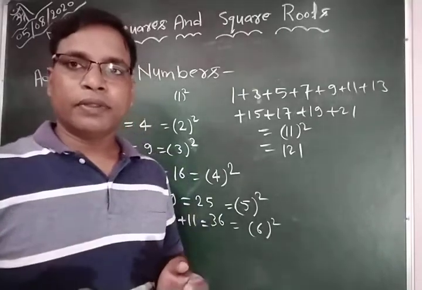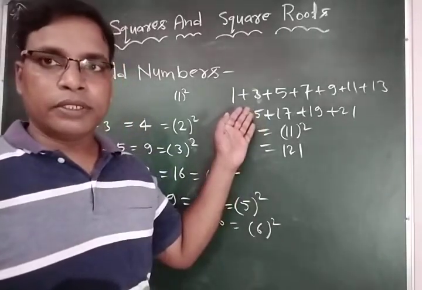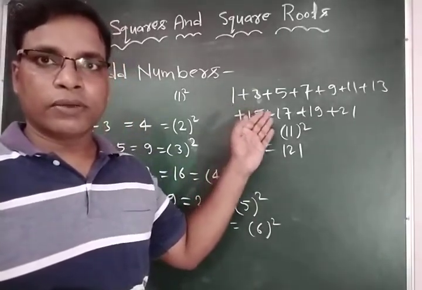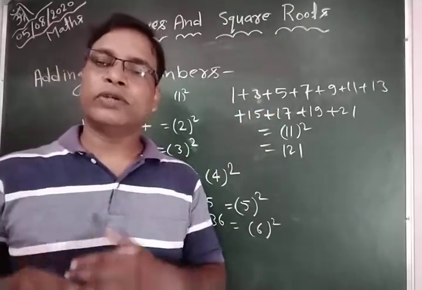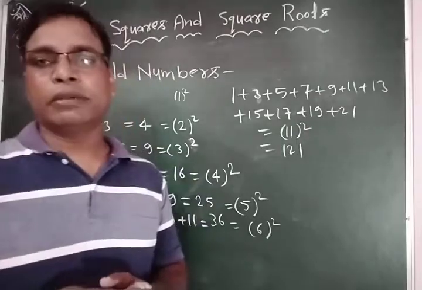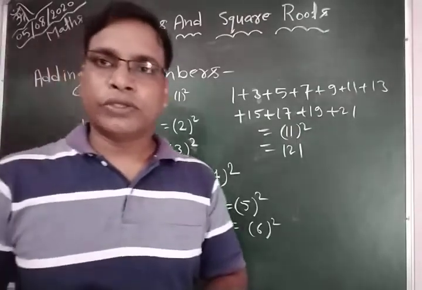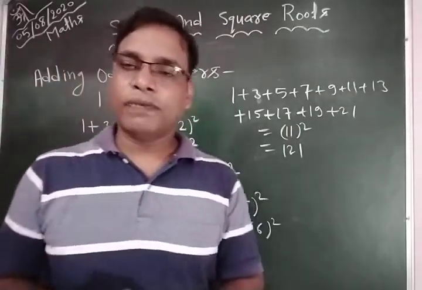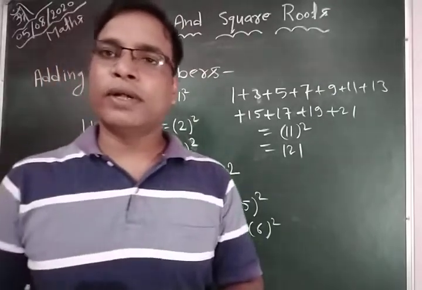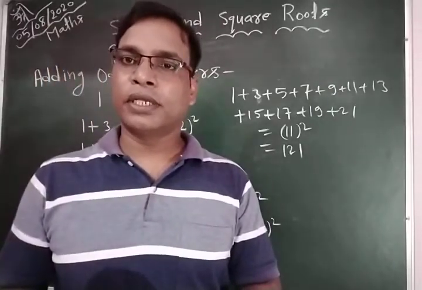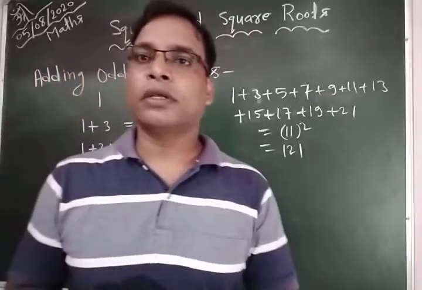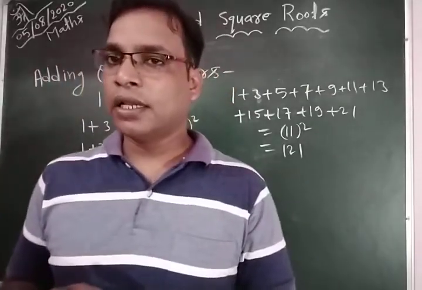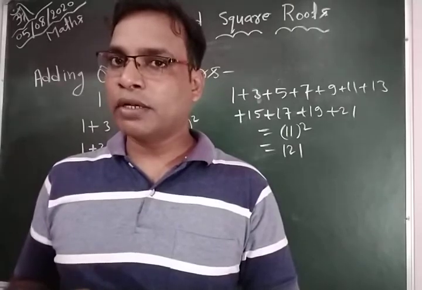You subtract odd numbers from it one by one, and if you reach 0, then you can see the given number is a square number. So I hope all of you understood what square numbers are, what the properties of square numbers are, and what the unit place of square numbers is.